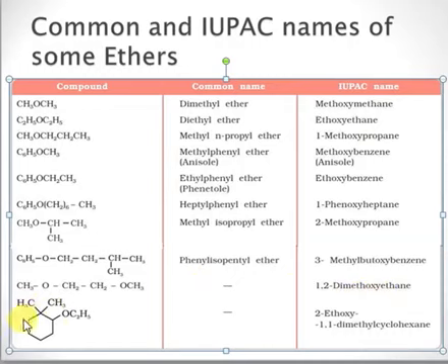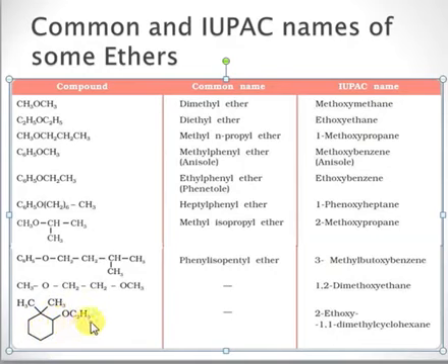Now we have a complicated structure here, right? We have an ethoxy group here, and we have a cyclohexane group here, and to this cyclohexane we have two methyl groups attached. So suppose we name this carbon as 1, so these methyl groups will be 1,1-dimethyl, and this will be dimethylcyclohexane, right?